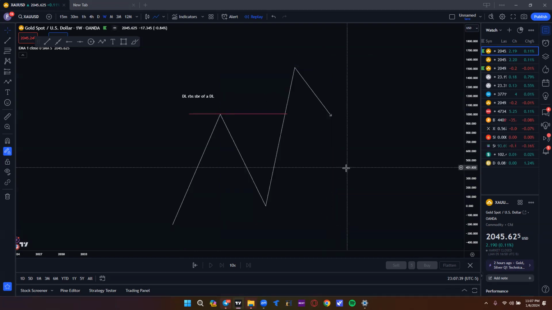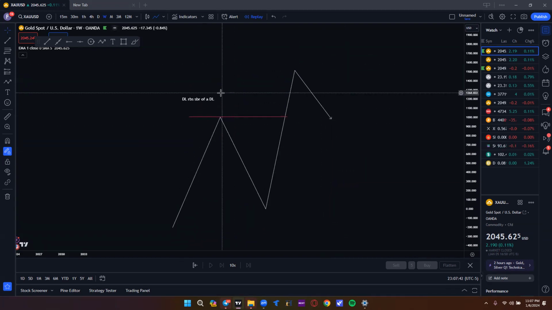What does that mean? It means that it's just the break and retest of a decision level. It's support becomes resistance, resistance becomes support, of a decision level.